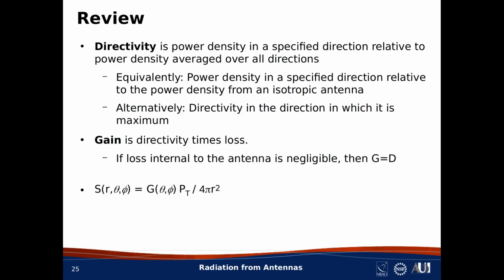That you have to figure out from context. We talked about the gain of an antenna, which is simply directivity times loss. If the loss internal to the antenna is negligible, then gain and directivity are essentially the same thing. We now have a recipe for computing the power density for the wave radiated by the antenna. This power density is simply gain times total power divided by 4 pi r squared.